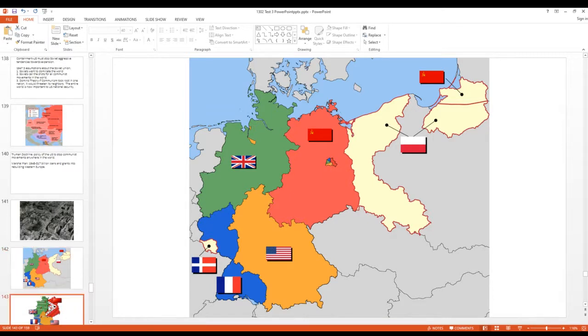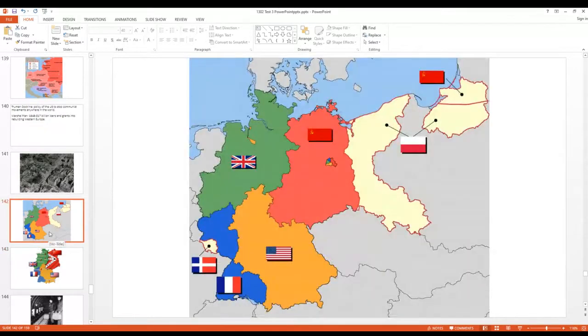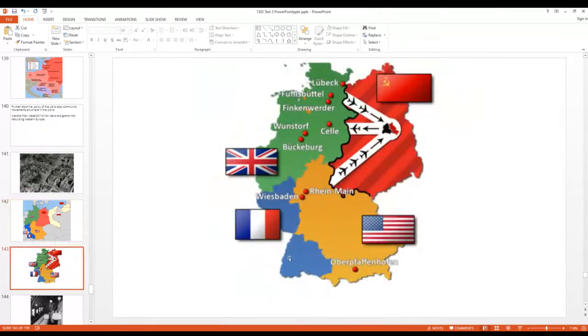Here's a close-up of it. Okay, this is just the city of Berlin. So Stalin decided it was time for the rest of Berlin, the part controlled by the US, the French, and the British, it was time for that portion of Berlin to fall under Soviet domination.